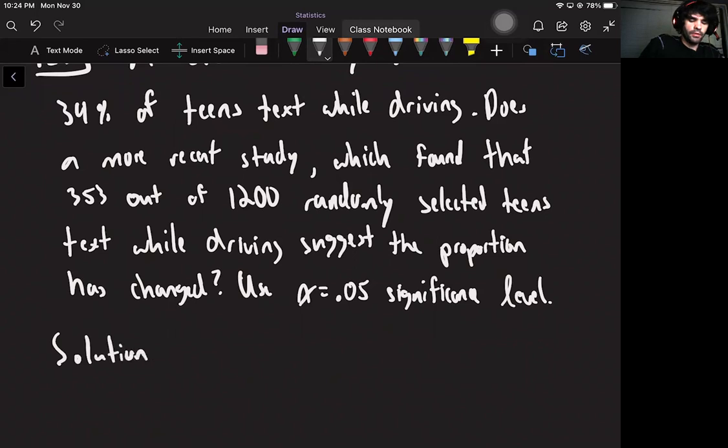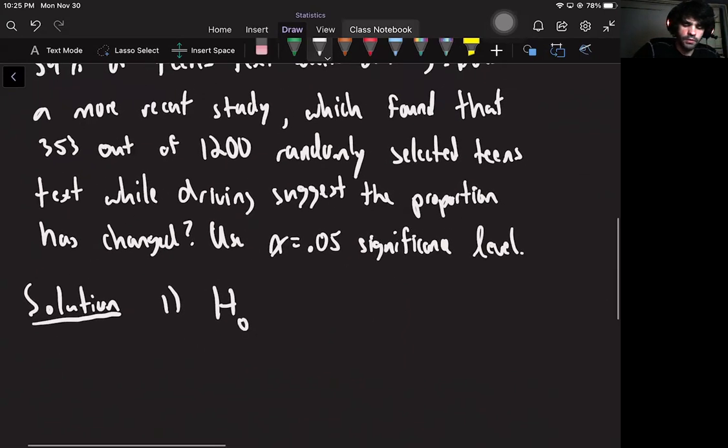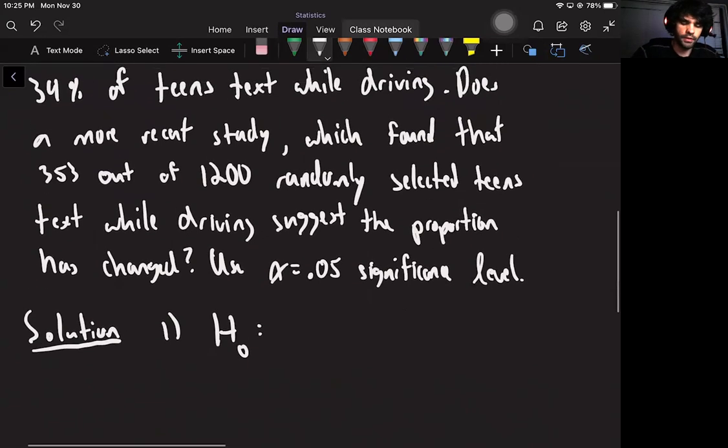The main difference is that the alternative hypothesis is not a less than and it's not a greater than like it was last time. It's going to be something else. So the null hypothesis, though, is still going to be that a proportion equals something.